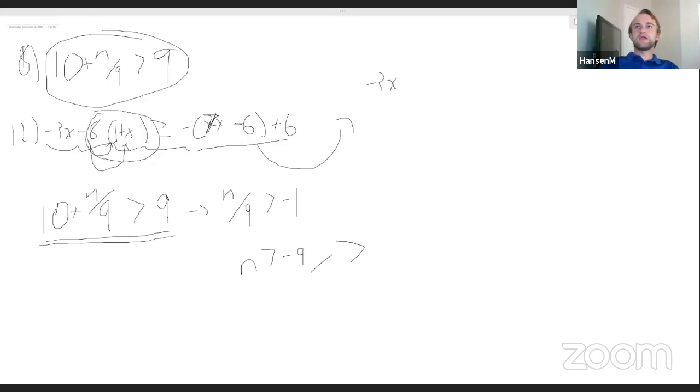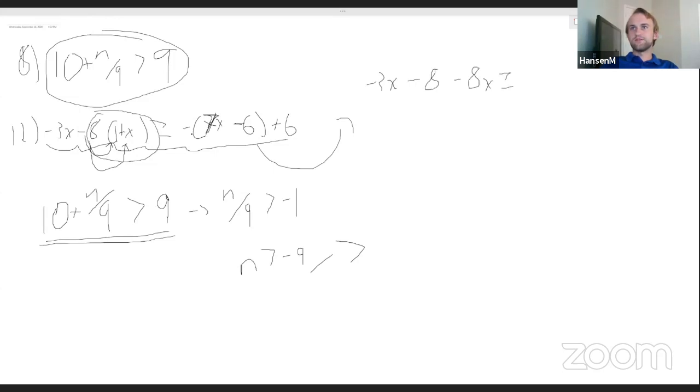This is kind of like what we did with FOIL a long time ago, where it's a little bit simpler, but instead of having to do first, outside, inside, last, we just have one number that we have to multiply against each of the two terms in the parentheses. So we'd have negative 3x minus 8 minus 8x greater than or equal to.